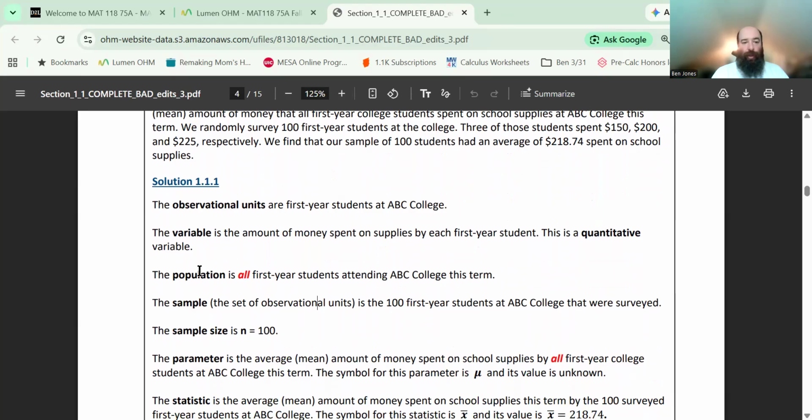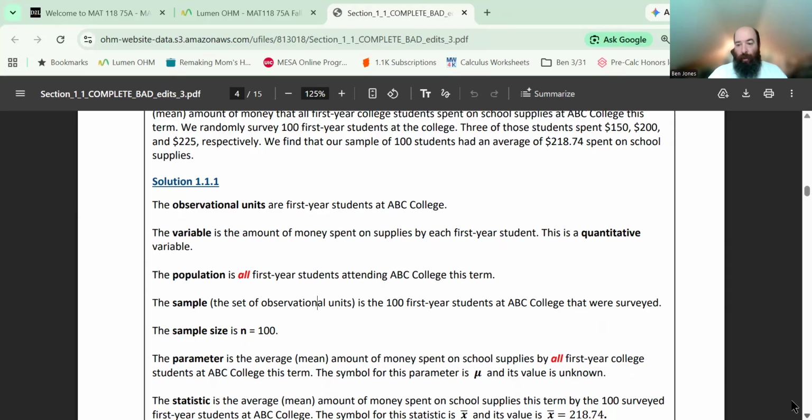Now we have two things, one of which is over the population and one of which is over the sample. They're similar but different. The population will have a parameter, which is a numerical summary of the entire population. For a quantitative variable, which is what we have, it'll be a mean or an average. So the parameter is the average amount of money spent by all first-year college students.